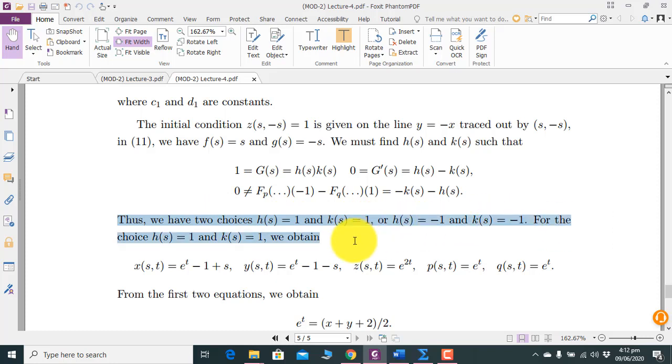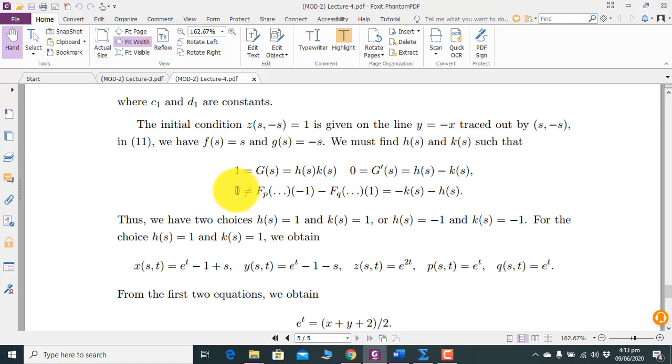If you look at the Jacobian, this is your exercise. The Jacobian at both points is non-zero. What is the Jacobian? The Jacobian is minus k minus h. If the value of h is 1, k will also be 1, and the answer will be -2. If you put -1, the answer of the Jacobian will be 2.